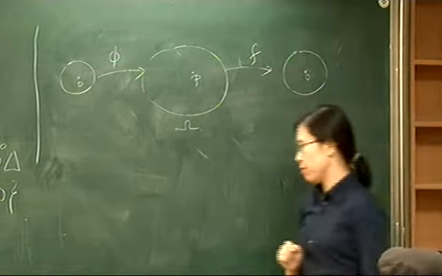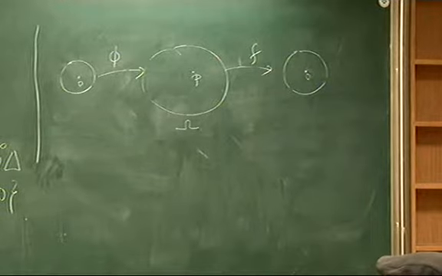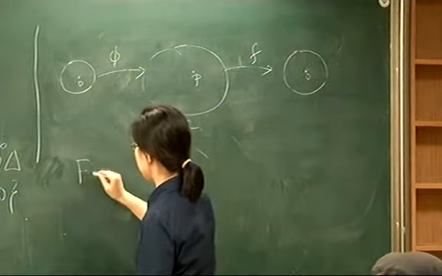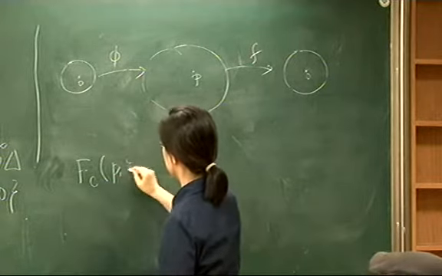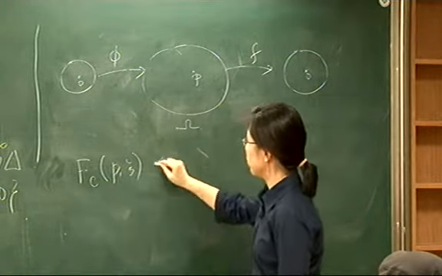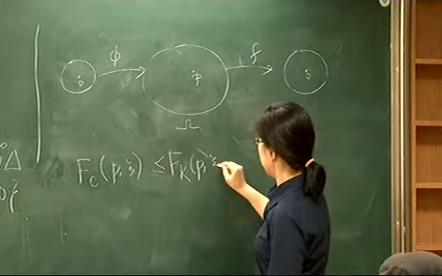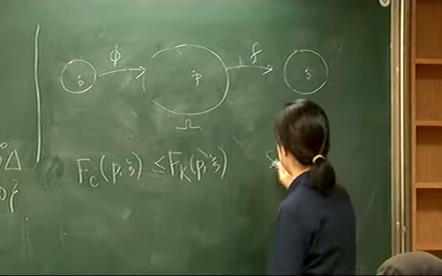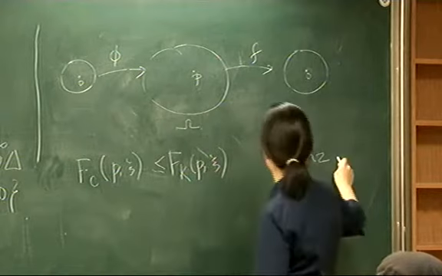So if you compose these two, φ and f, then it's a mapping from the unit disk to the unit disk. And by the Schwarz lemma, you can easily show that F_C at (p, ξ) is less than or equal to F_K, the Kobayashi metric, by the Schwarz lemma.